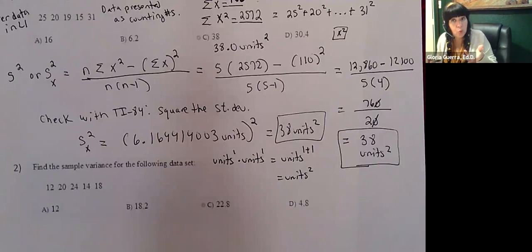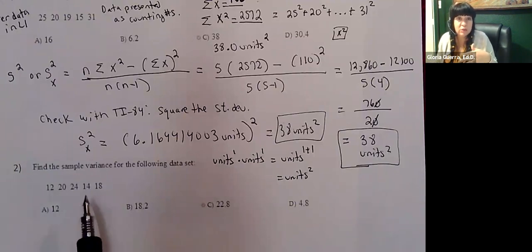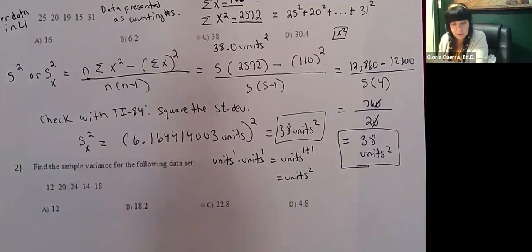Now, when you do your homework in Connect Math, and it gives you these data values, and I want you to find the variance, then the quick way is just to do your calculator commands.